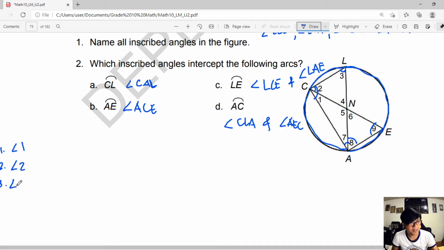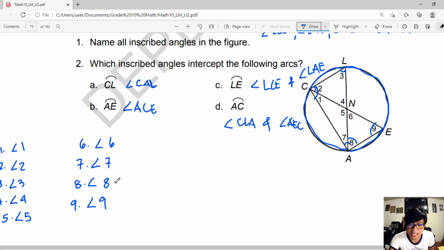Number 3, angle 3, up to number 9, angle 9. So, para hindi tayo ma-confuse, let's erase muna yung mga markings para medyo clear siya.